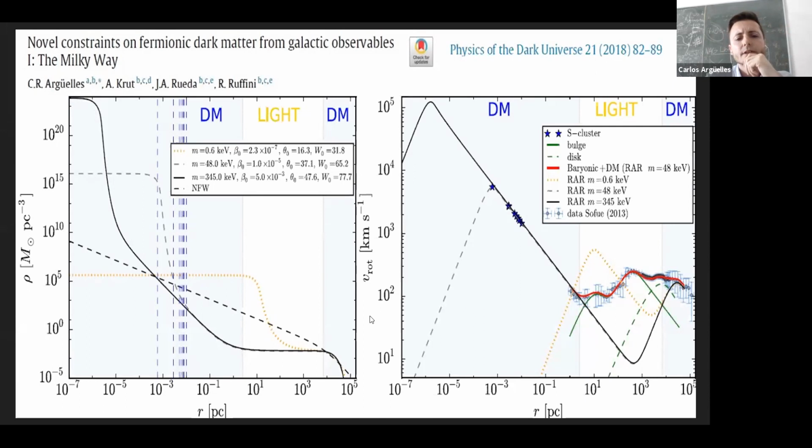Therefore, it's interesting that you can find a family of solutions for particle masses of around tens to 100 keV that not only match the full rotation curve of the galaxy. Of course, here you have to add the standard bulge in green and disk in dashed green contributions, but also in this plot here, I show the eight best-resolved S-stars in average circular velocity, where you can see that this highly compact dark matter core is inside the pericenter of one of the closest stars, S2.